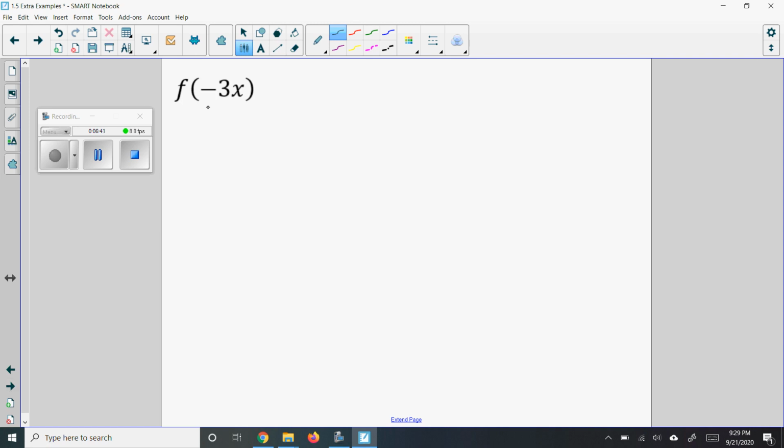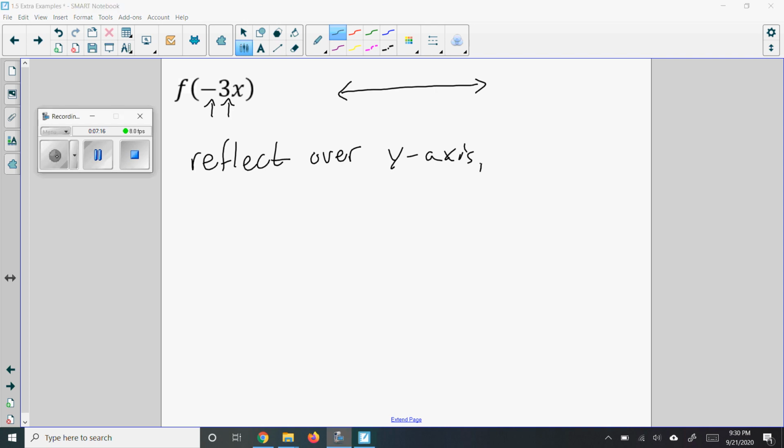Okay, so now here we have 2 more. This negative, that affects the x's. And if it affects the x's, that means it's a reflection over the y-axis. Now this 3, well, that's going to affect the x values. So if I have something that looks like this, and I multiply it by 3, recall that anything that happens on the inside is the opposite.